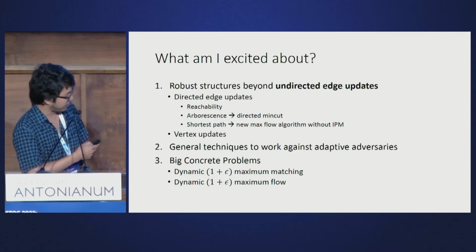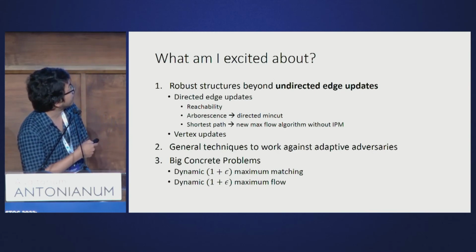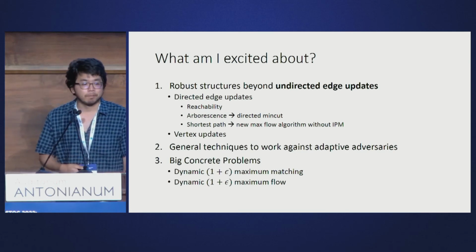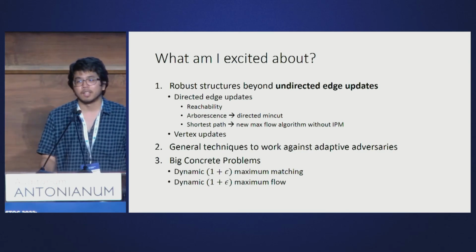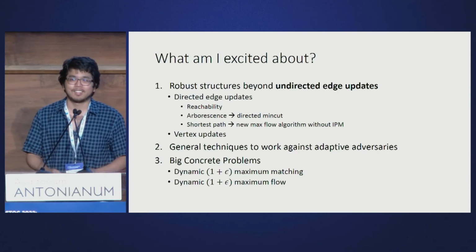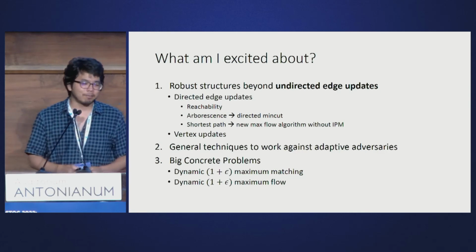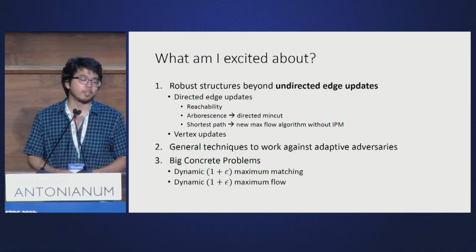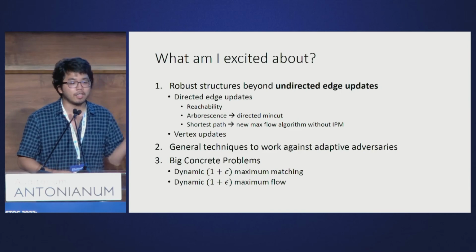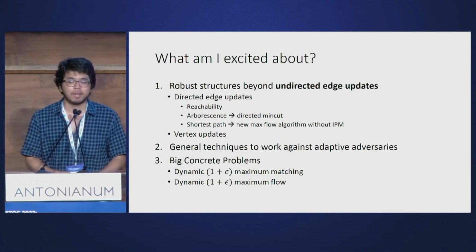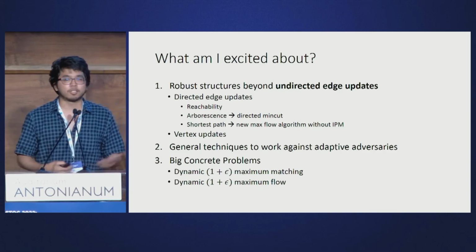These are problems on maximum matching and maximum flow. For both of these problems, we now know that if you want exact, there are strong conditional lower bounds, and you cannot get anything faster than a linear update time. But how about the approximate version?